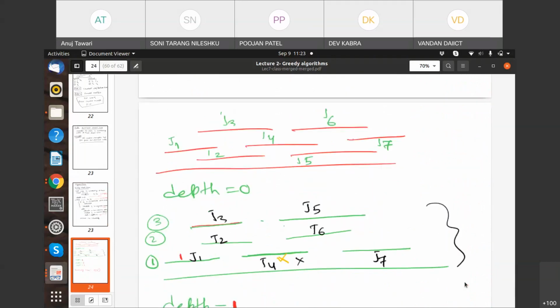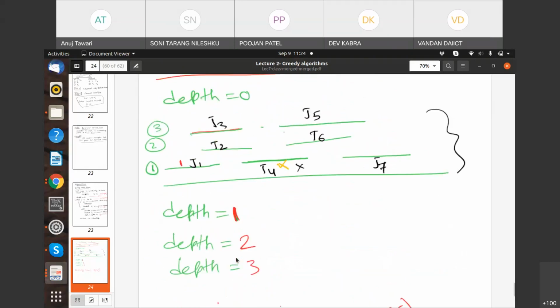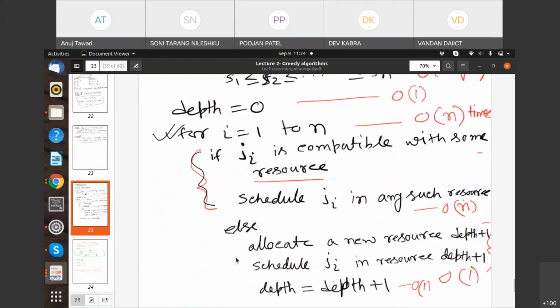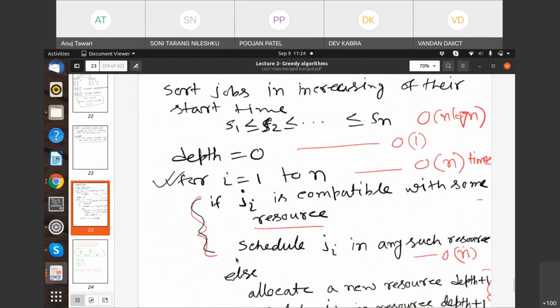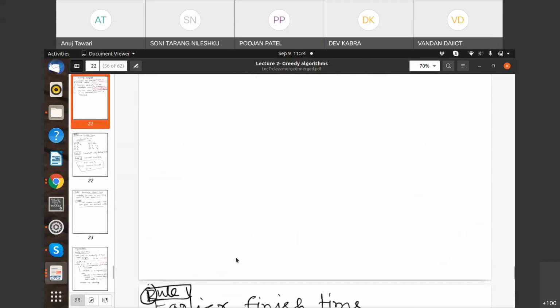So you know how the algorithm works, right? Let's say we are given these jobs here and we process the jobs in increasing order of their start time. Just increment those things and schedule them. Let me show you one example here.